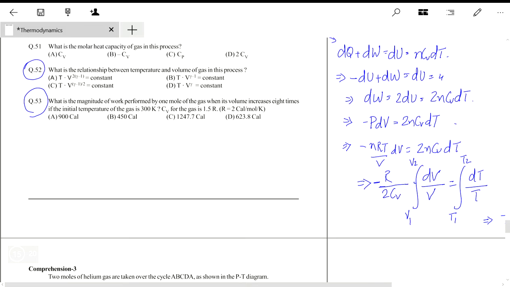Okay, question 53 says find what is the magnitude of work performed by 1 mole of a gas when volume increases 8 times if the initial temperature of the gas is 300 Kelvin. It is an adiabatic process.